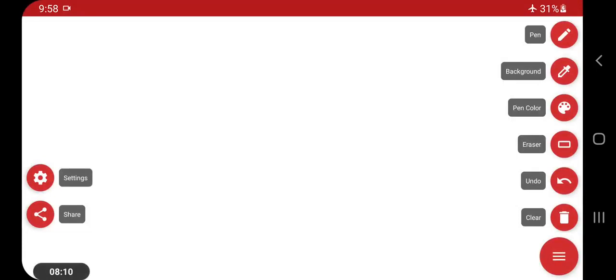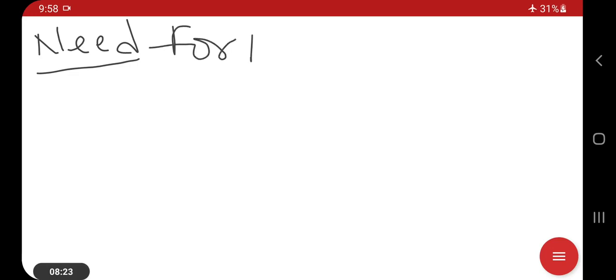This is marginal costing. What is the need for marginal costing?